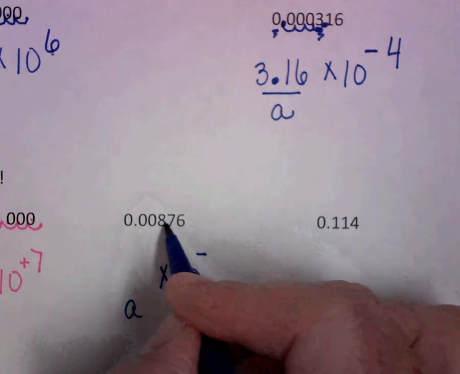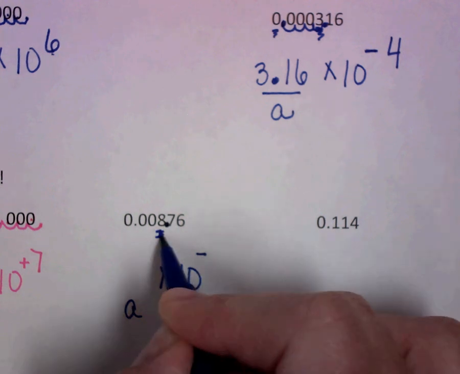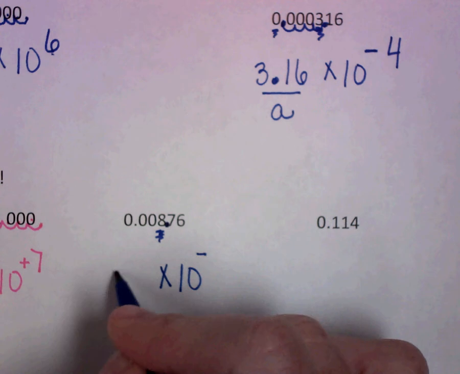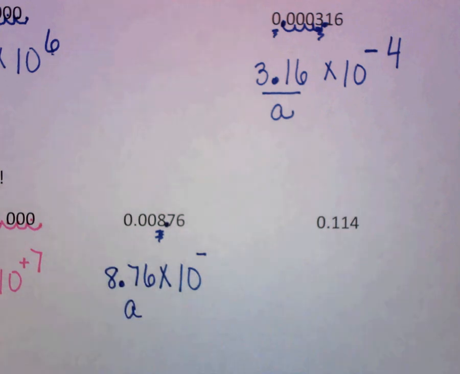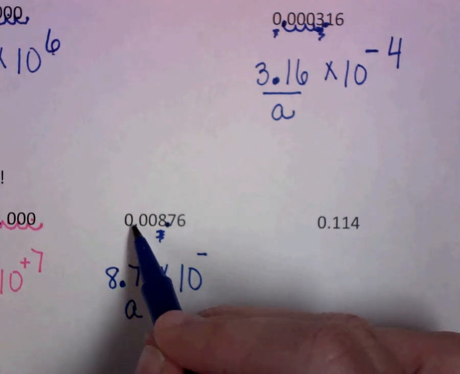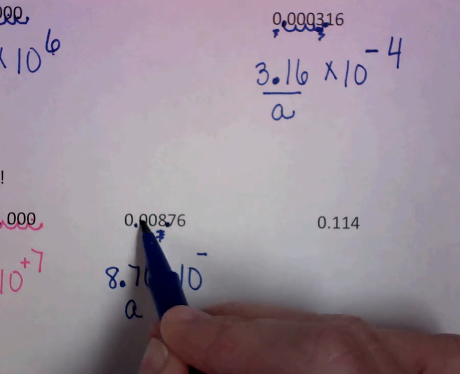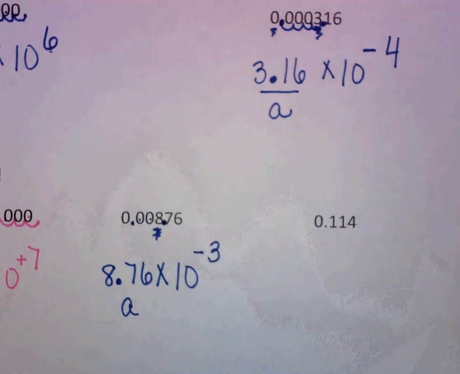I hope you realize we need to move it right here between the 8 and the 7 so that the 8 is the only number in front. So 8.76. And how many times did we move it? How many digits do we have from here to here? 1, 2, 3. So the exponent would be to the negative 3rd power.